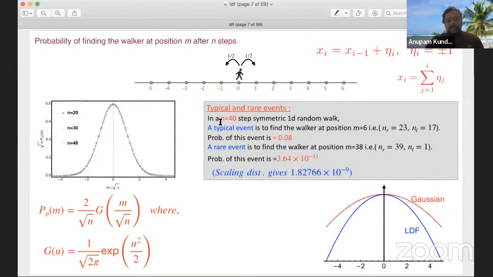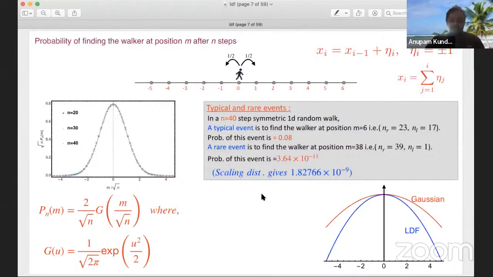For example, let us again consider a symmetric random walk of 40 steps. A typical event would be to find the walker at position 6 after the walker has made 40 steps. That means it has taken 23 right steps and 17 left steps, and the probability of that event is 0.08, which can be predicted pretty well from this scaling function.